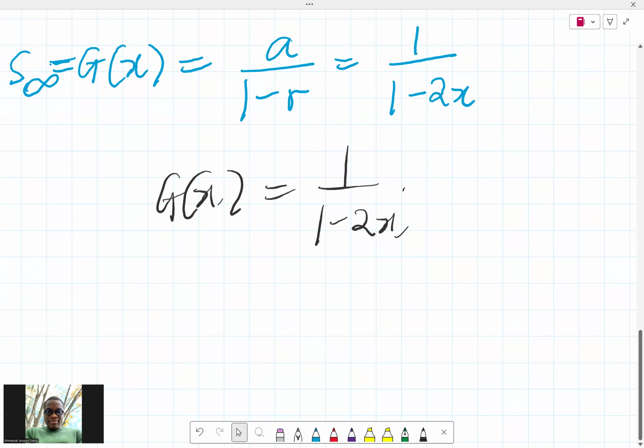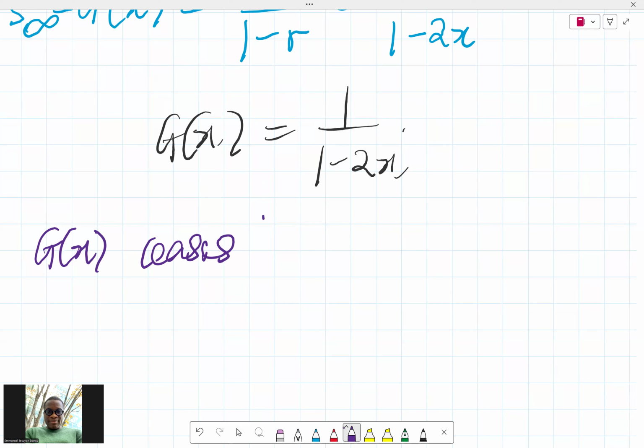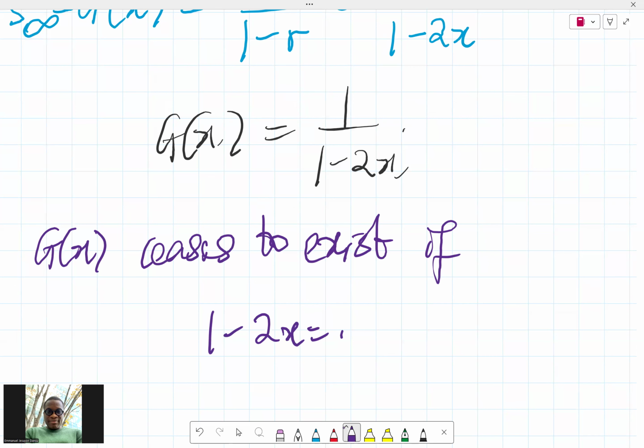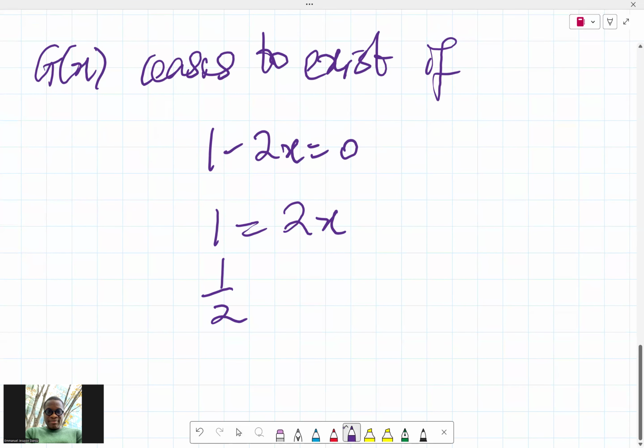Beyond that, we need to also talk about the point of convergence. If you look at the expression, G of x ceases to exist if 1 minus 2x is equal to 0, meaning that 1 equals 2x, and if you divide both sides by 2, you have 1 over 2 equals x.